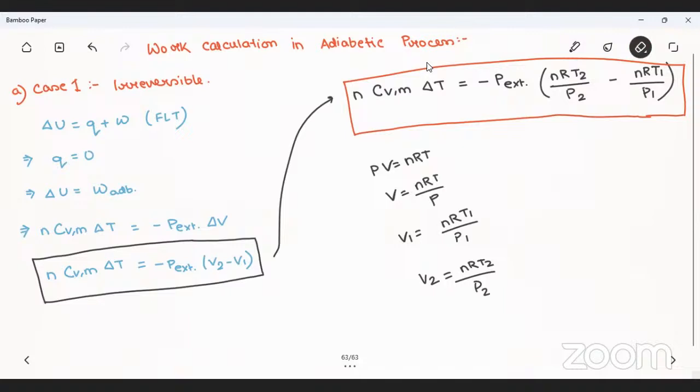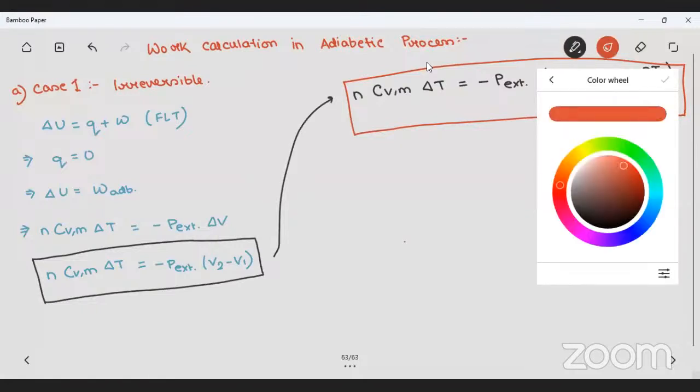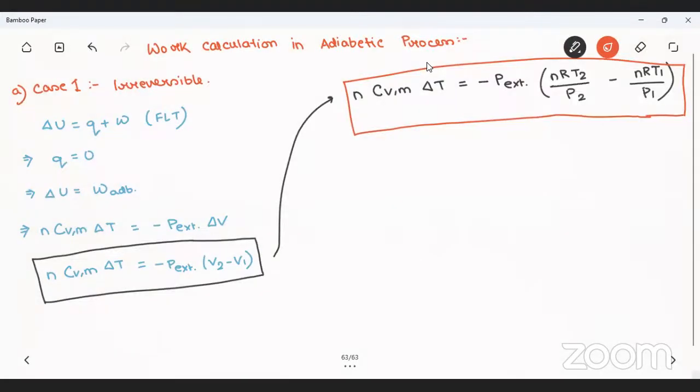Okay, now you know what they will ask you? In your question you will get this work calculation in an adiabatic irreversible process. But in most of the cases, they will not give you the final temperature. You have to calculate it.